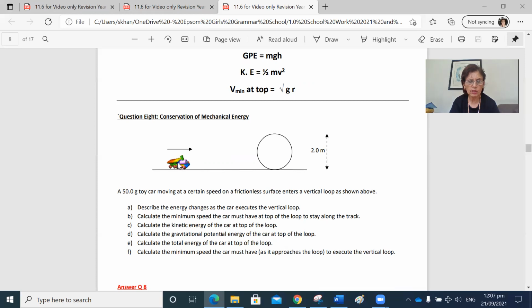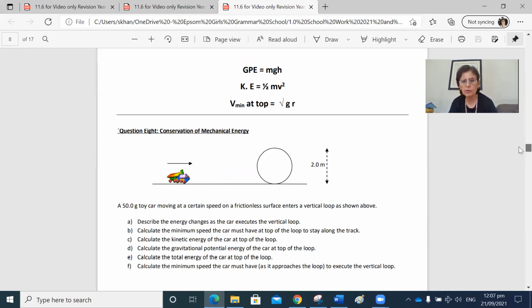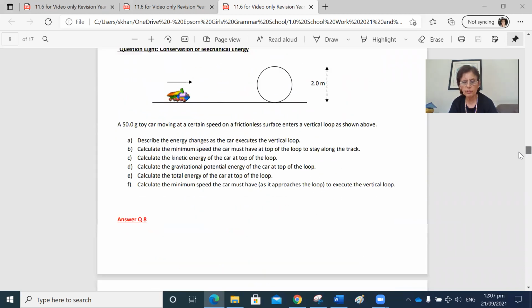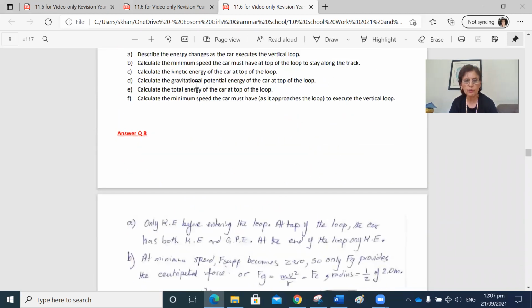Total energy at the start is not gravitational potential energy; it's all in the kinetic energy format, which remains constant as there are no friction forces here. As the ball moves up, over here, it will have both gravitational and kinetic energy. To solve these problems, it will be similar reasoning to what we used for this example. Using that, you should be able to do this question.